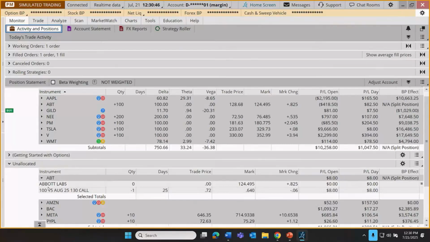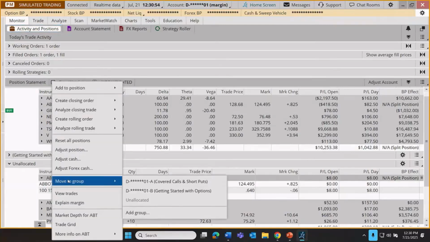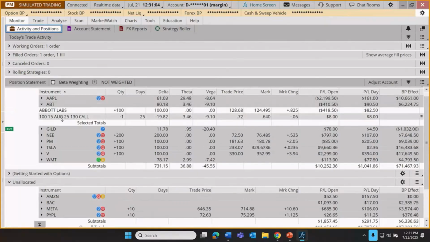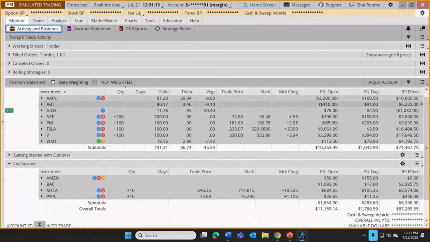If we own the stock and we sold a call in the same account, this is just not grouped the way that a trader might prefer. So let's right click here, move to group, and pop this up to our covered calls. There we go. Now our Abbott position no longer says split position, and we can see the entire trade right there.